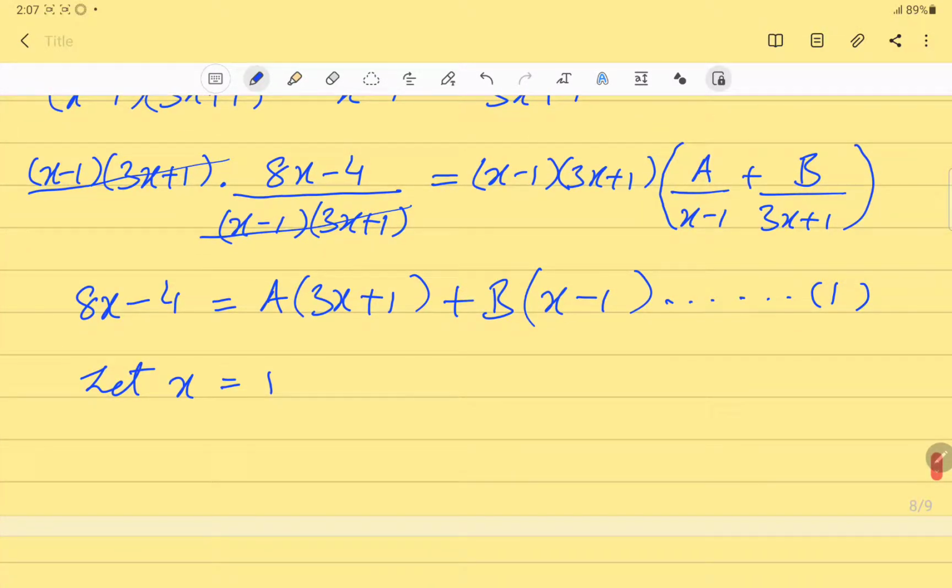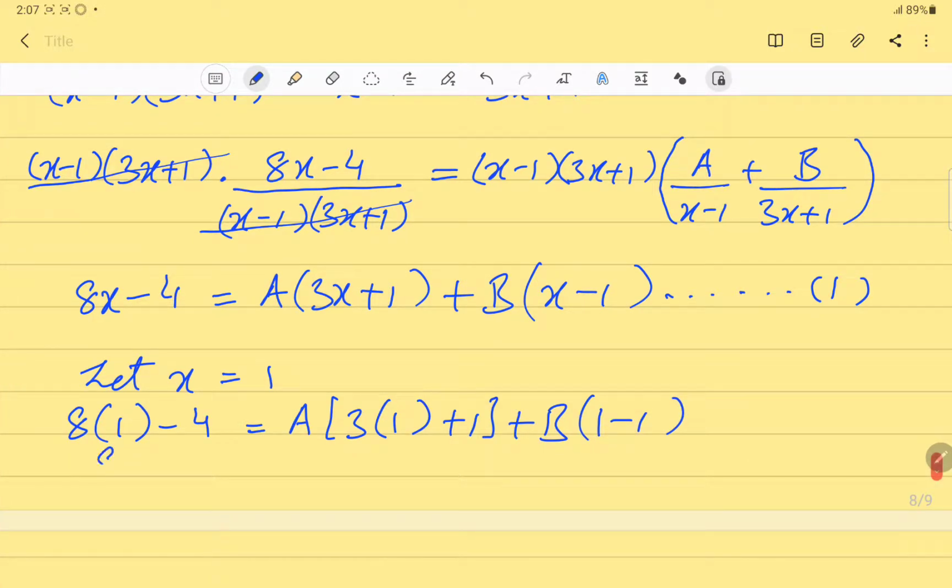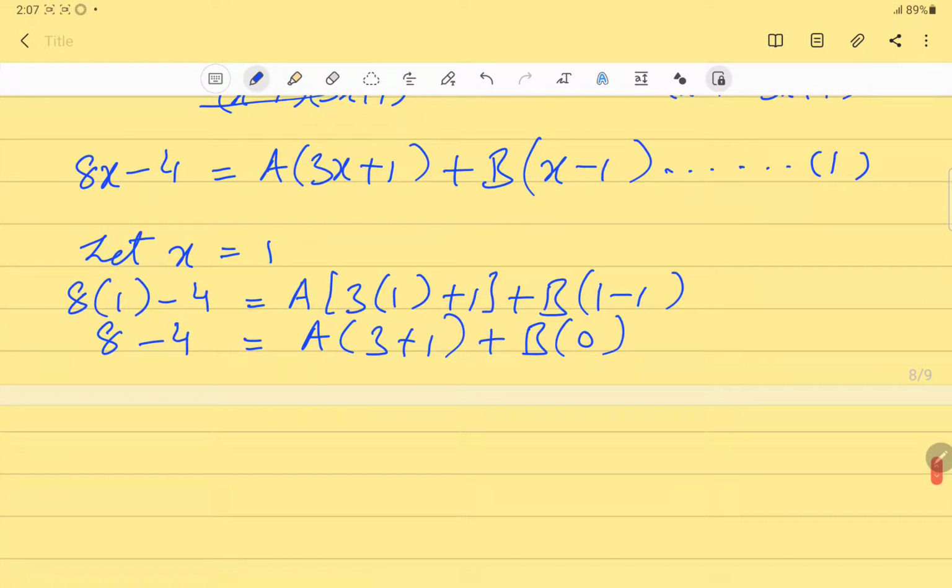So equation 1 will become 8 into 1 minus 4 is equal to a into 3 into 1 plus 1 plus b into 1 minus 1. 8 into 1 is 8 minus 4 is equal to a into 3 plus 1 plus b into 0. 4 is equal to 4a.